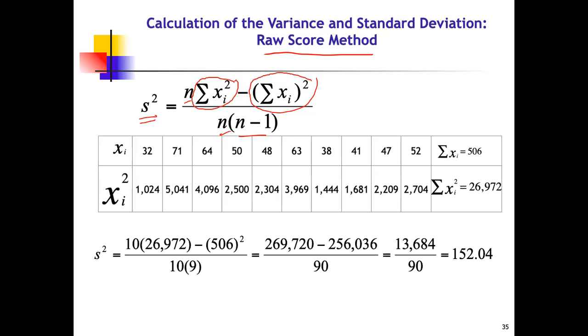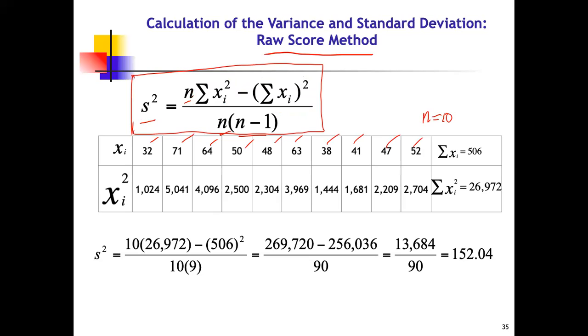Now, using our formula, we plug in the values. Going back to our table, our N here is equal to 10, because we have 1, 2, 3, 4, 5, 6, 7, 8, 9, and 10. So using our formula, S squared is equal to N, and our N is 10, times the summation of all X sub i's, wherein we are taking the square of each data value.